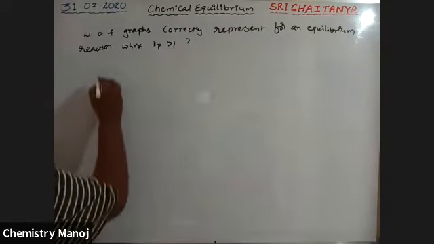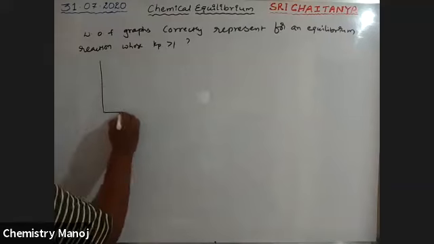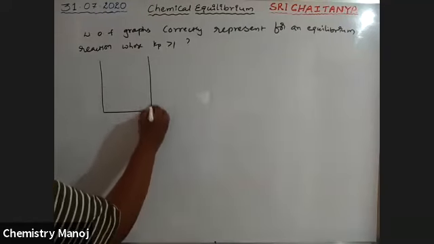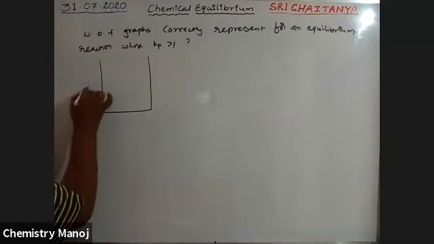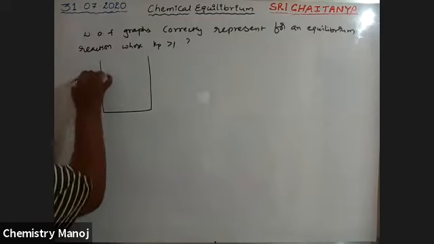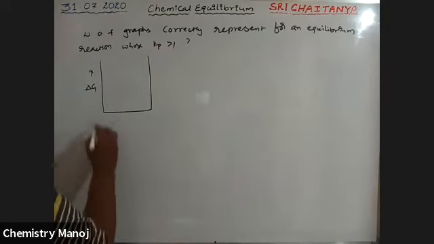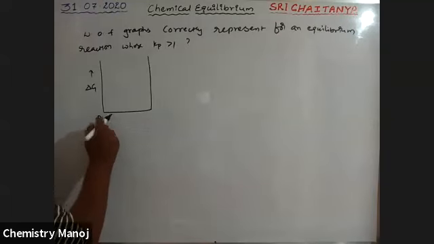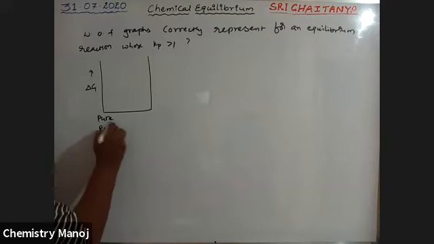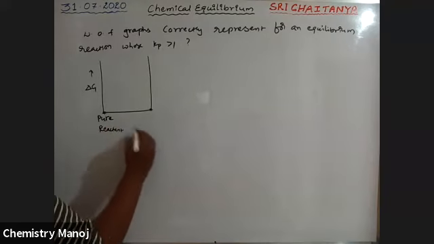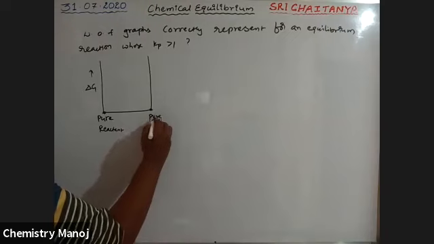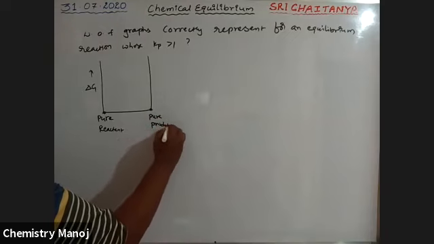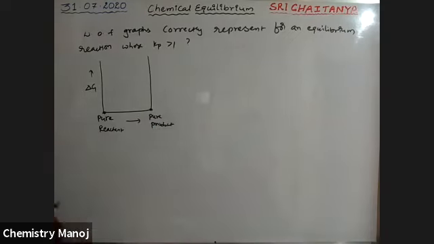Those graphs are like this. This is delta G, boys, on this axis. This point is pure reactant and at this point pure product. That means reactants convert into products.